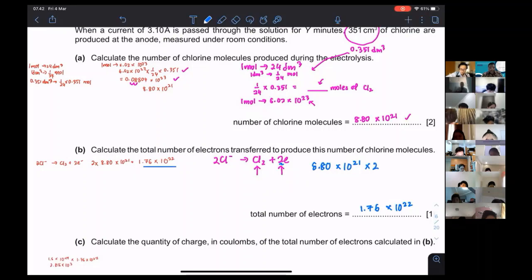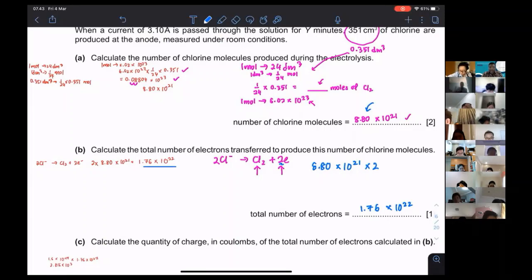But do be very careful. We want 3 significant figures, even though in your marking key they have mentioned 8.8. 8.8 is not 3 significant figures. 8.80 is going to be 3 significant figures. It should be 3 significant figures or more.